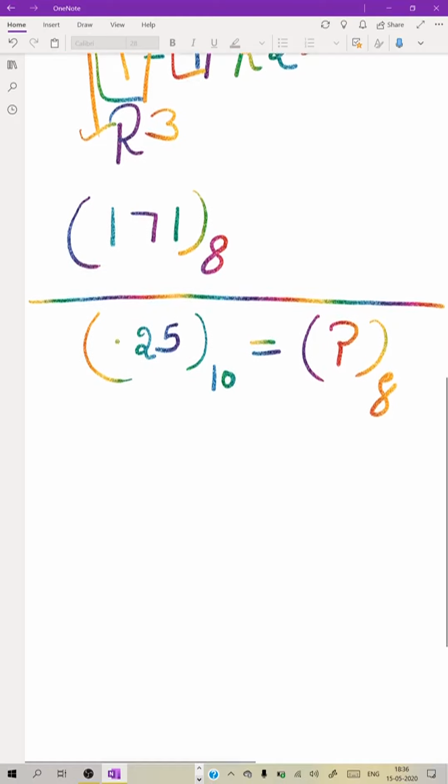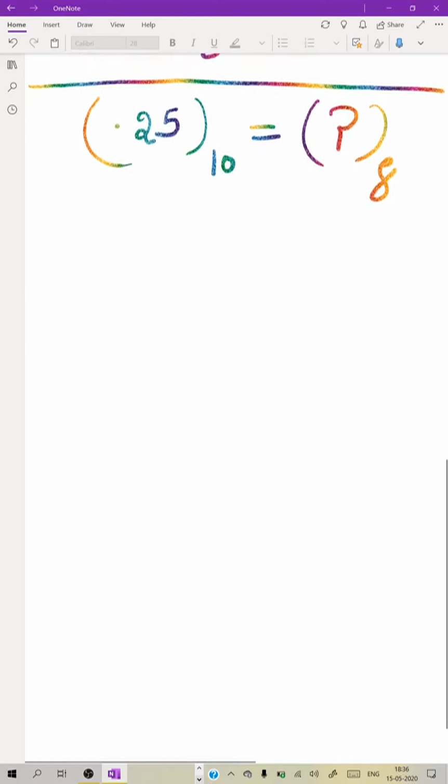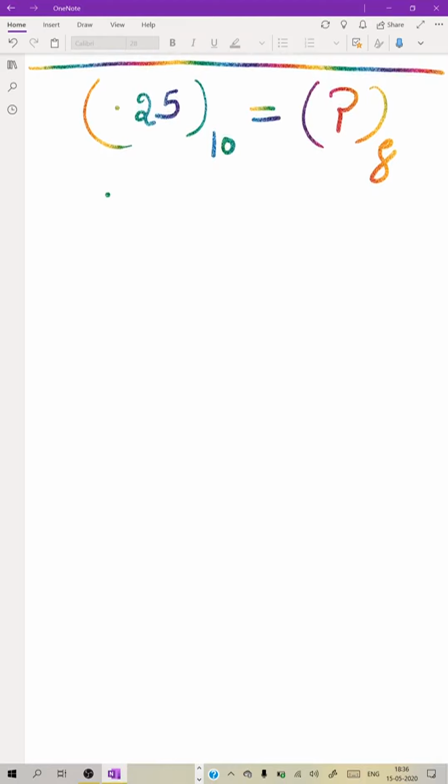Just write down 0.25 multiplied by 8. 8 5s are 40, carry 4. 8 2s are 16, 16 plus 4 is 20.